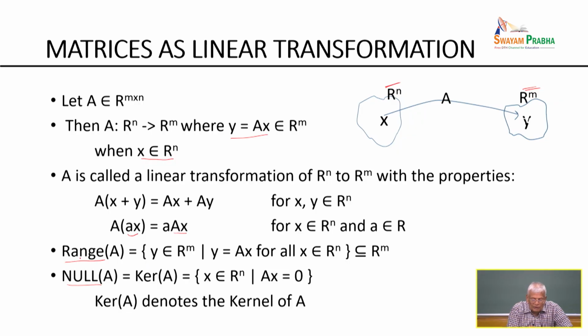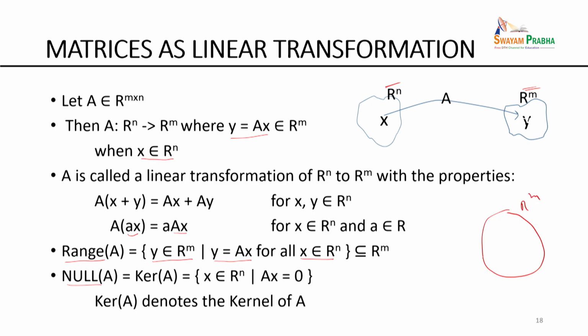So the range of A is the set of all vectors in Rm such that they occur as Ax for all x belonging to Rn. That means if this is Rm, this is called the range of A. It may not cover the whole thing. So the range of A is a subset of Rm.